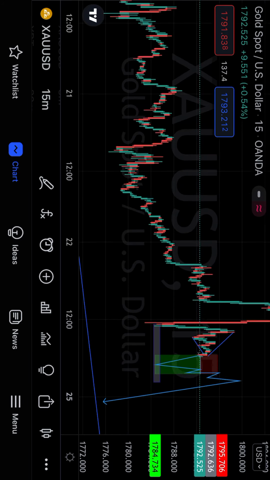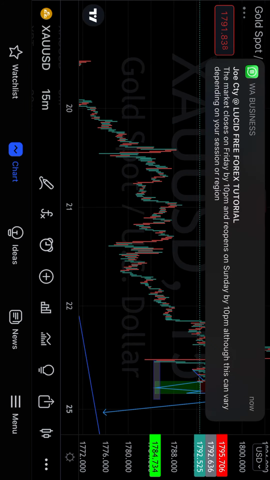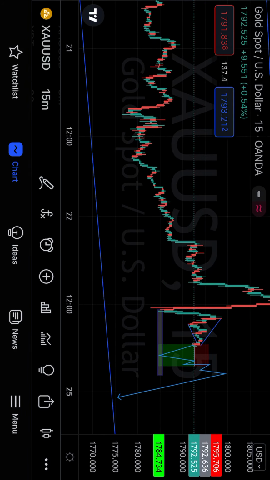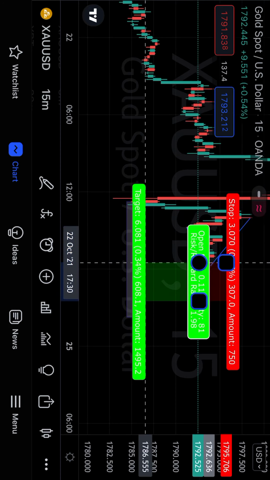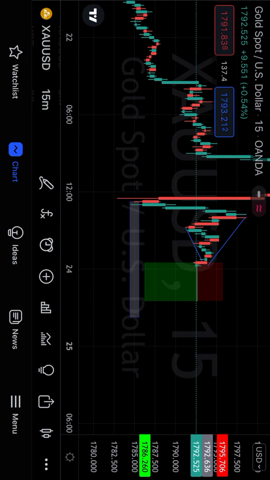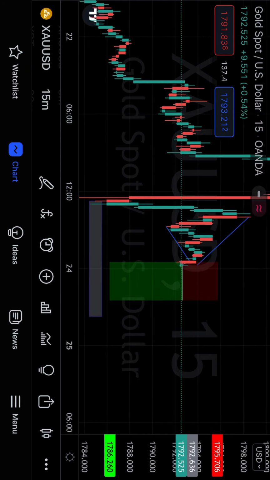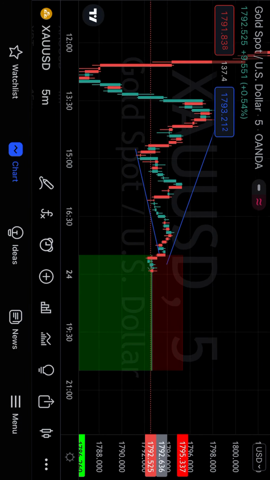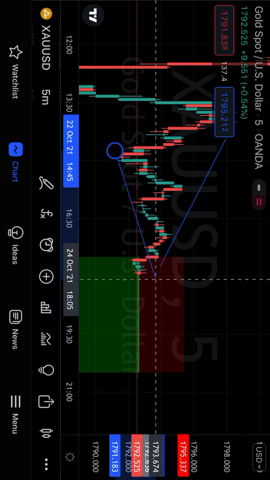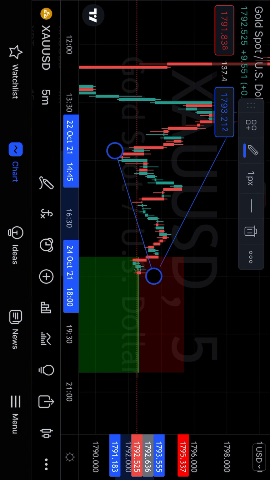So right guys, I will be selling gold when market opens. I'll be selling gold when market opens, with take profit below and stop loss above. So down to M5. Let's see what's really happening on the M5.